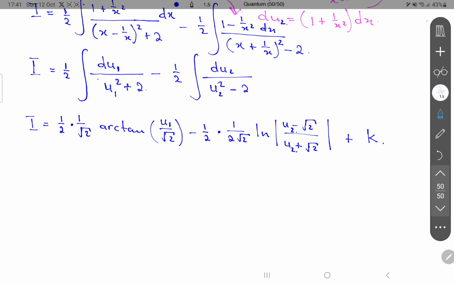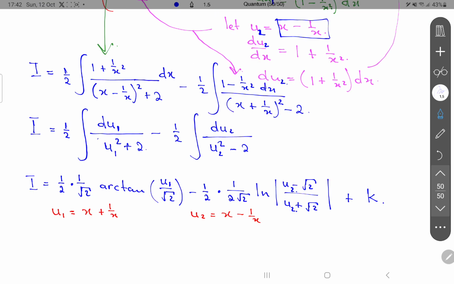Now, we are going to substitute our u's. Remember that our u1 is x plus 1 over x, and our u2 is that.